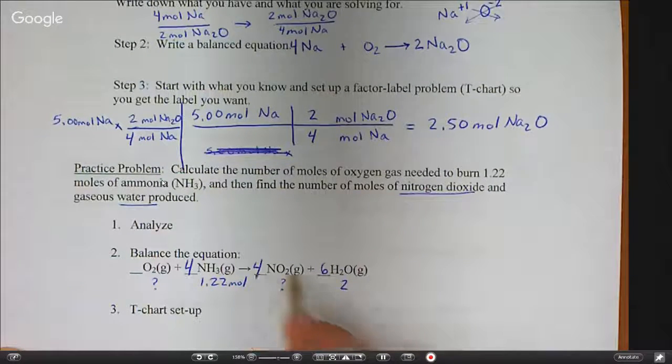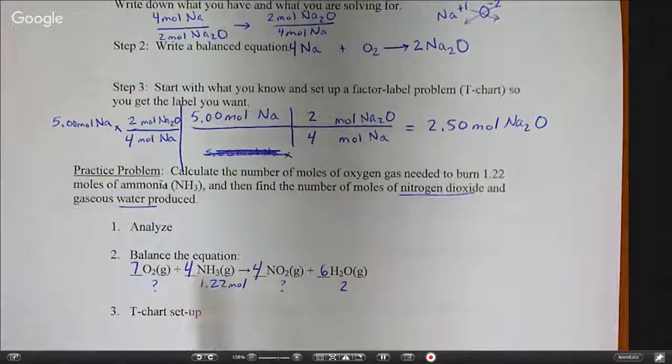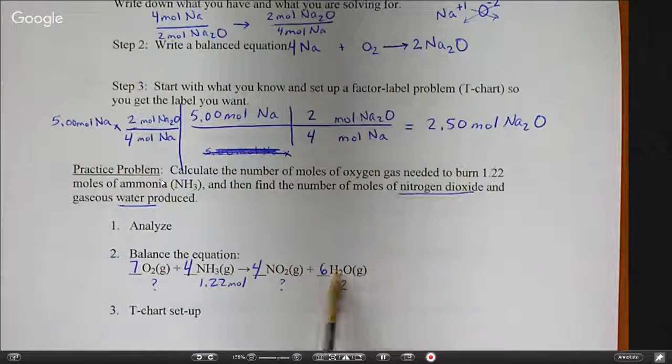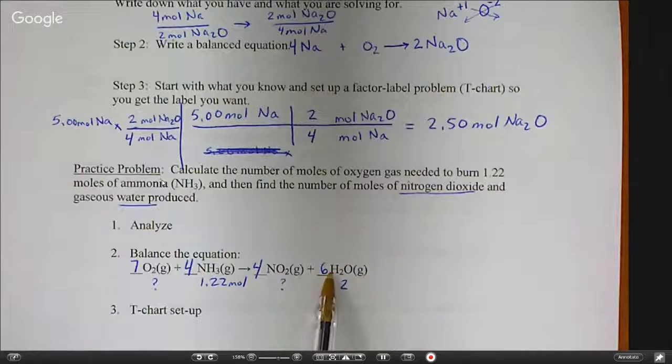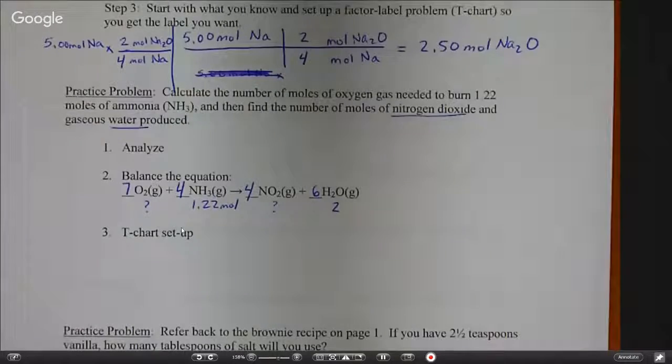Oxygen, we have 8 plus 6 is 14, so 7 O2. The reason I made this a 4 is because originally I saw the 3 on the H and the 2 on the H and thought 6, least common multiple. Put a 2 here, put a 3 here. But doing so would give us an odd number of oxygens on the right while we have even on the left. So I have to double that again to get where we want to go.